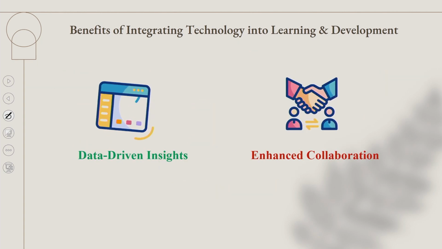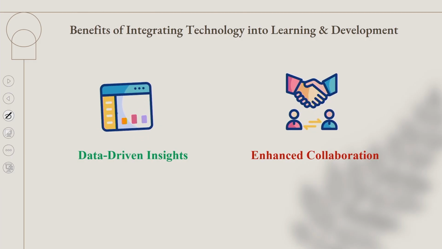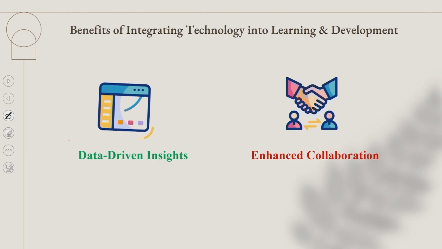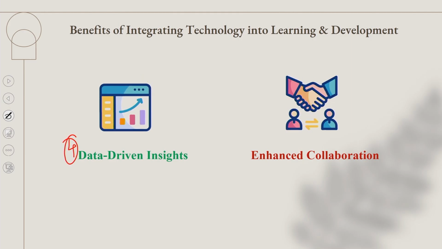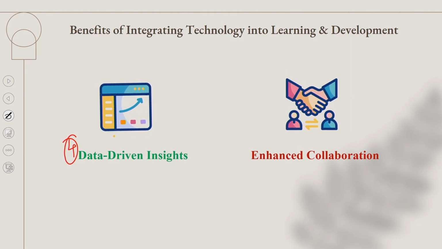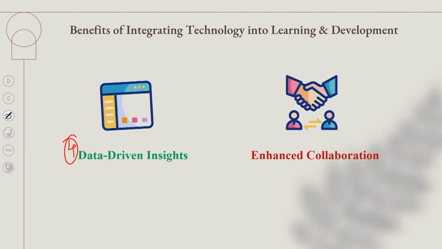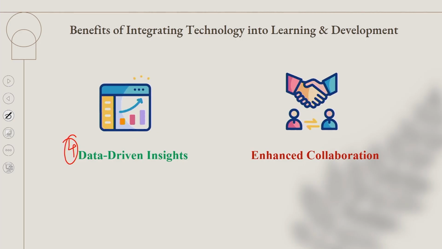Now, let's look into some other critical benefits of integrating technology into learning and development. The fourth one would be data-driven insights. We talk about the modern L&D platforms. They offer learning analytics that provide visibility into how training is consumed and whether it's making an impact. So let's look into the key metrics.